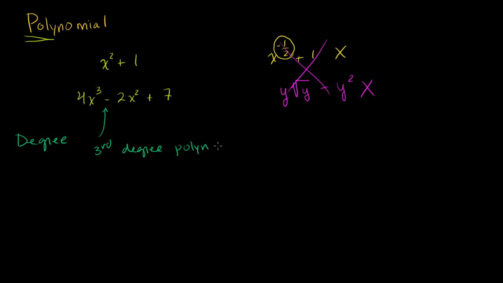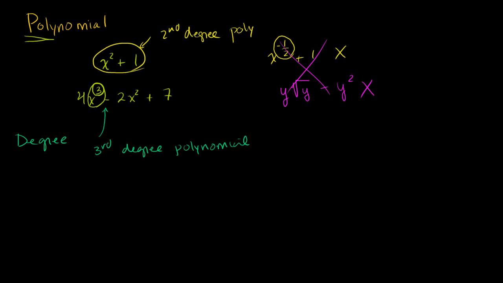Now, why is that? Because the highest exponent that we have in there is the x to the third term. So that's where we get it's a third degree polynomial. This right here is a second degree polynomial. And this is the second degree term.